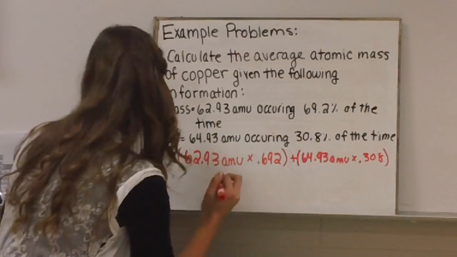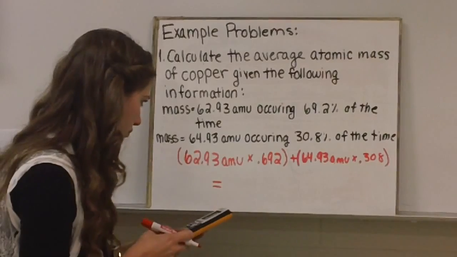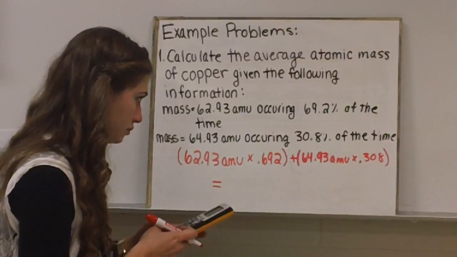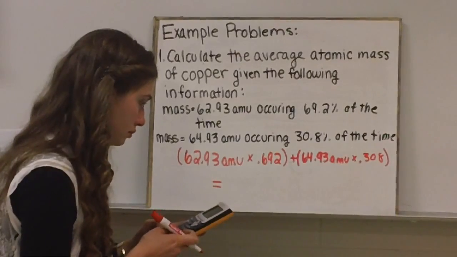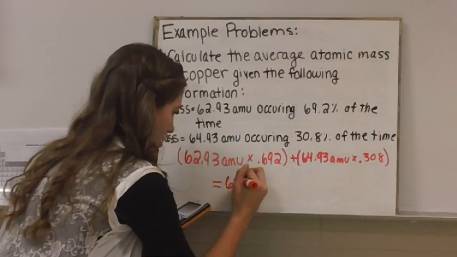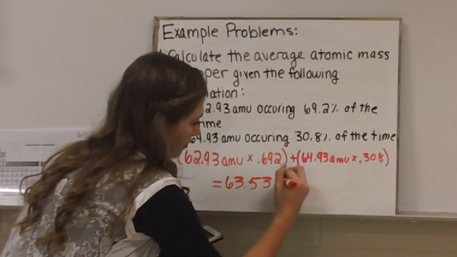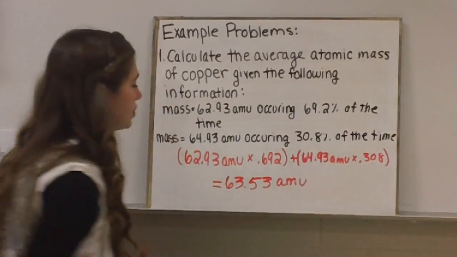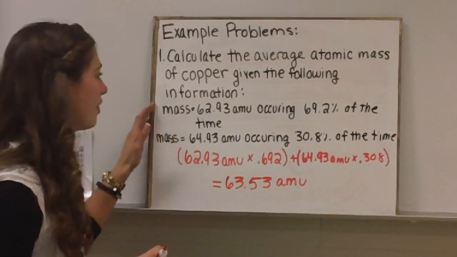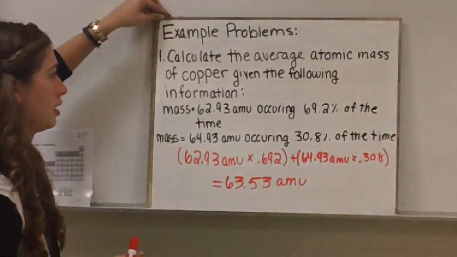That's going to give us an answer of 63.53 AMU. So the average atomic mass of copper is 63.53, depending on the isotopes and how often they occur.